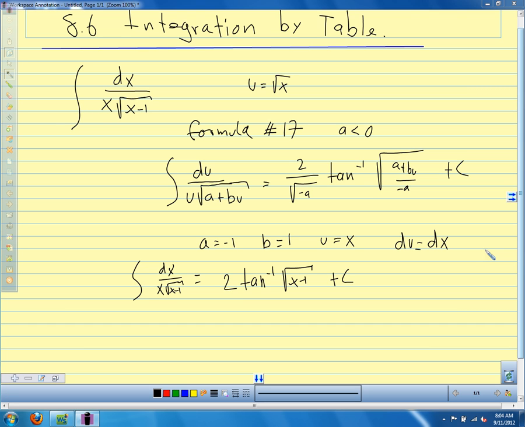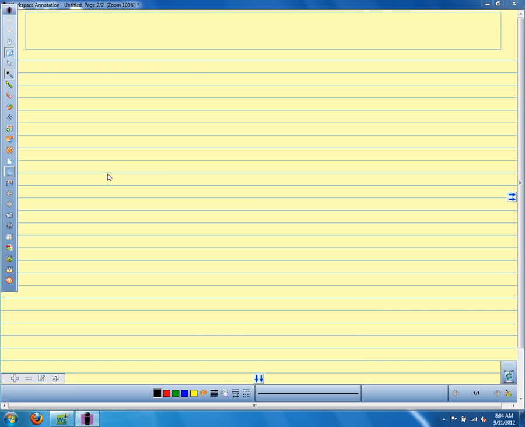Let's look at one more where we have to deal with a transformation for our dx. So just one more example using our table. Any questions on what we did there before? I'm probably not going to put an integral where you have to look it up in the table on the test.